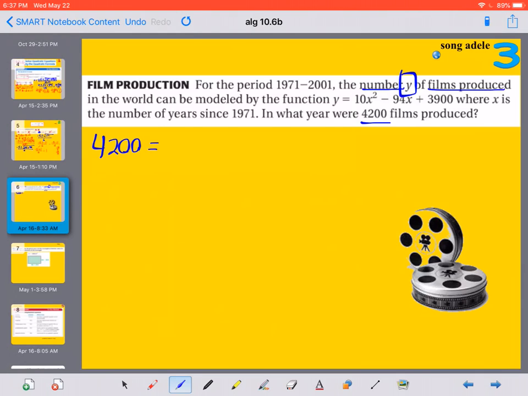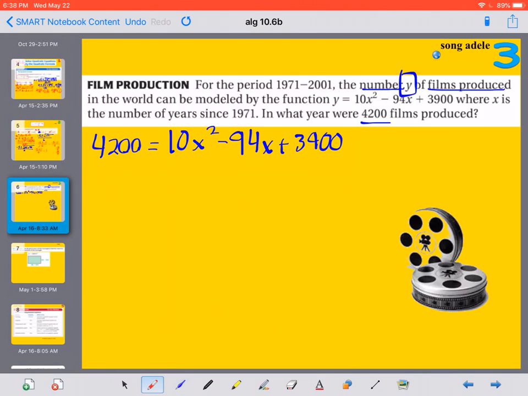So what I'm going to put is 4,200 equals 10x squared minus 94x plus 3,900. So it's in quadratic form almost.